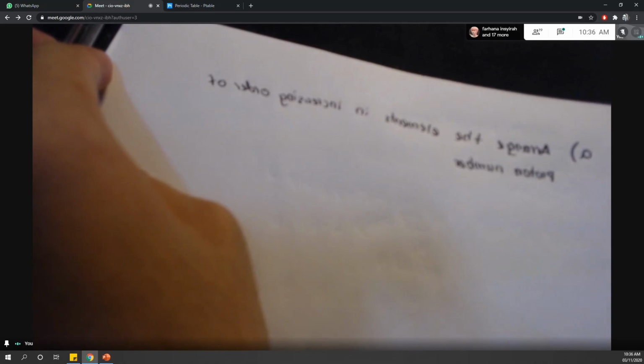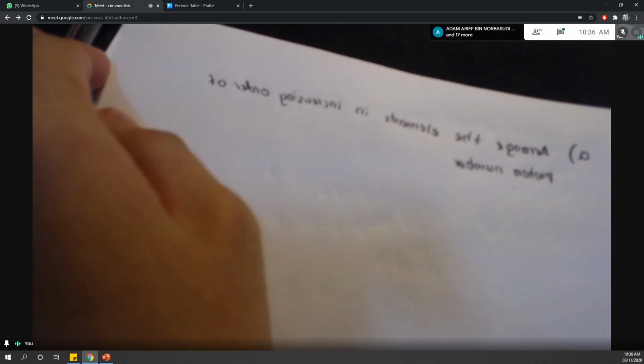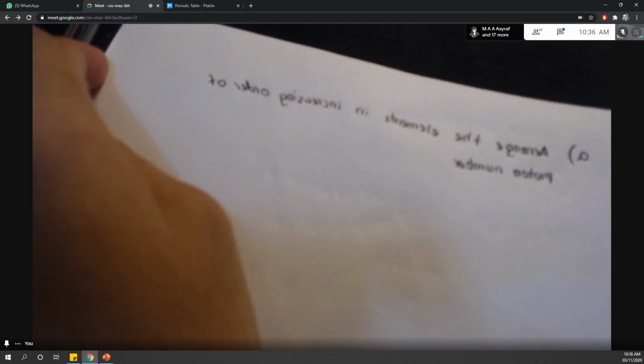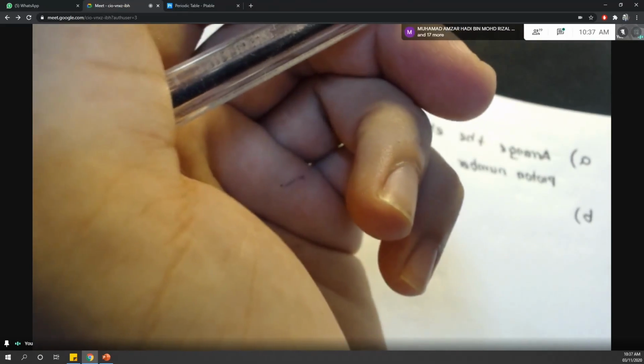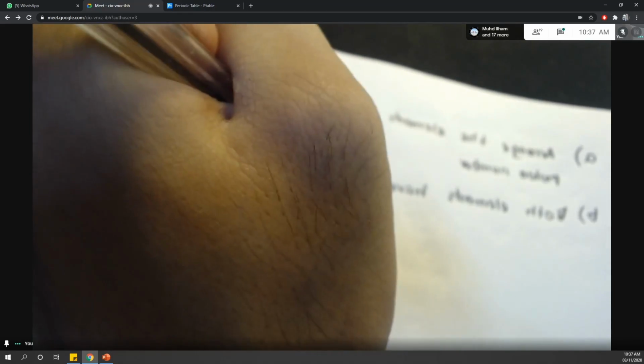Okay, and then soalan B. Why are the elements in B and E in the same group? Same group maksudnya they have the same apa? Same number of valence electrons. So both elements have the same number of valence electron.